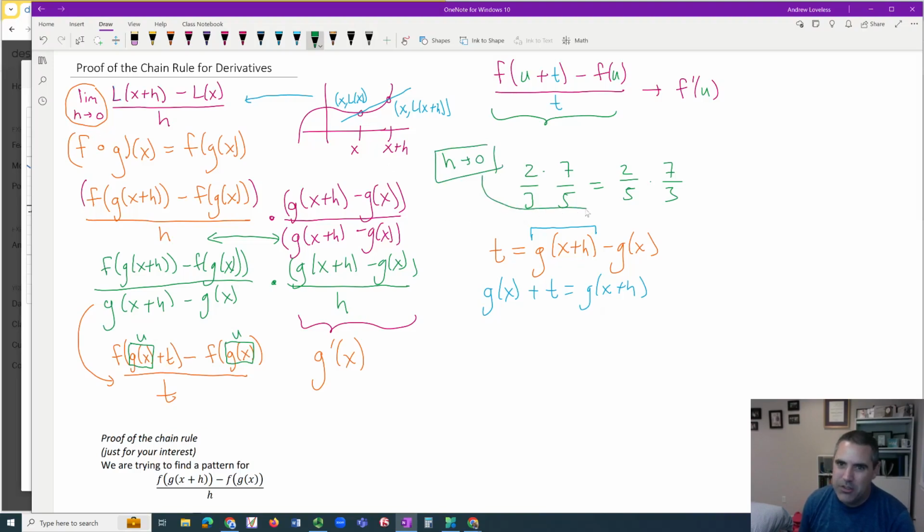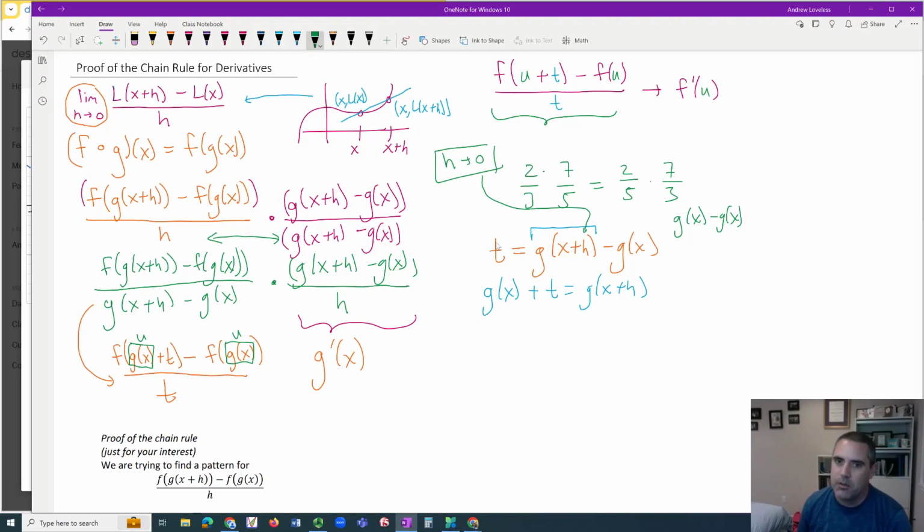But as h goes to 0, this is going to approach g of x minus g of x. And as long as our function doesn't have a big break in it, as long as our function is continuous, this is the subtlety you have to talk about if you want to prove it more formally. But if I'm just giving a plausible argument for most situations, I have some more freedom.